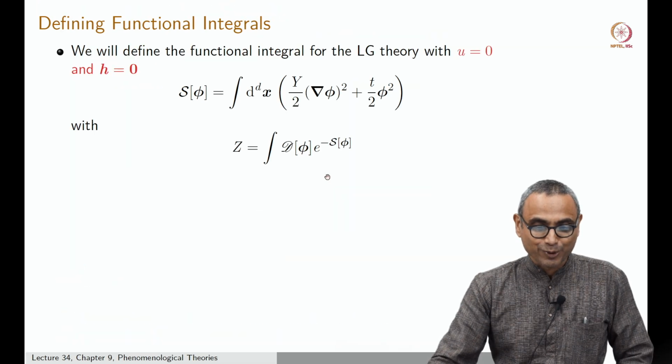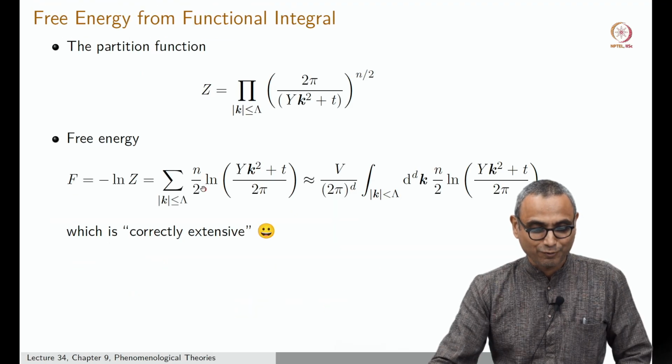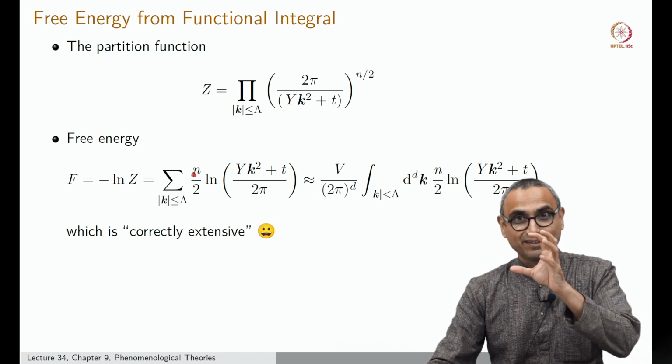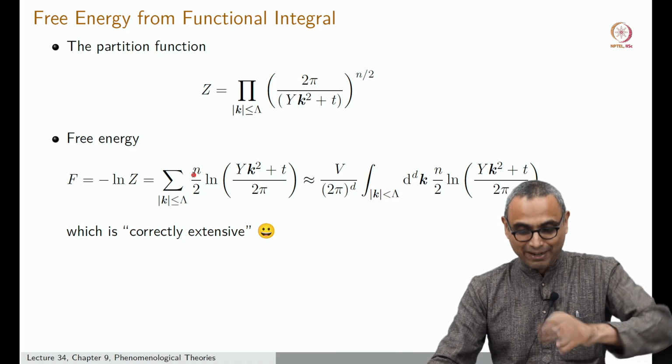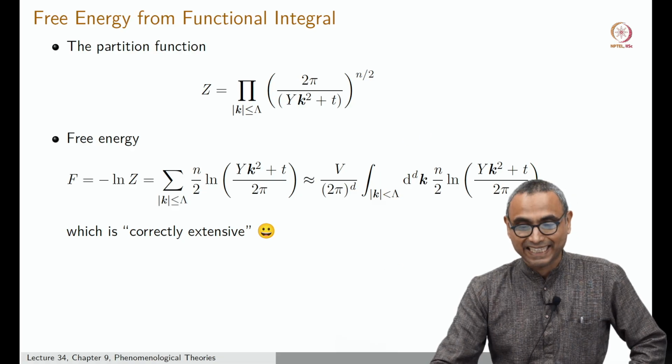So what we can do is convert that to an integral. That's what is done here. Suppose I put a ddk, so that the volume of that is 2 pi by L whole to the power d, and I have to take the inverse of that outside. So that will give me V by 2 pi to the d, and this just becomes the integral, and so I end up getting this integral.